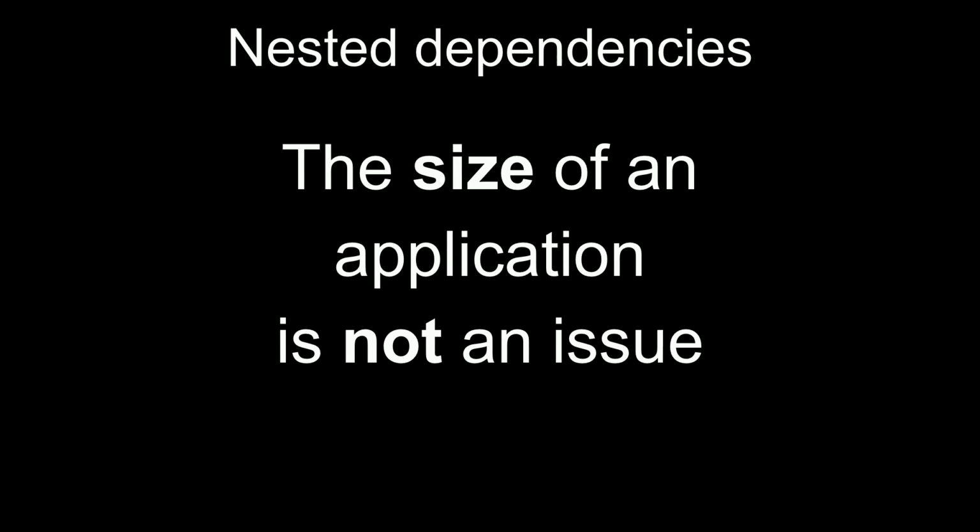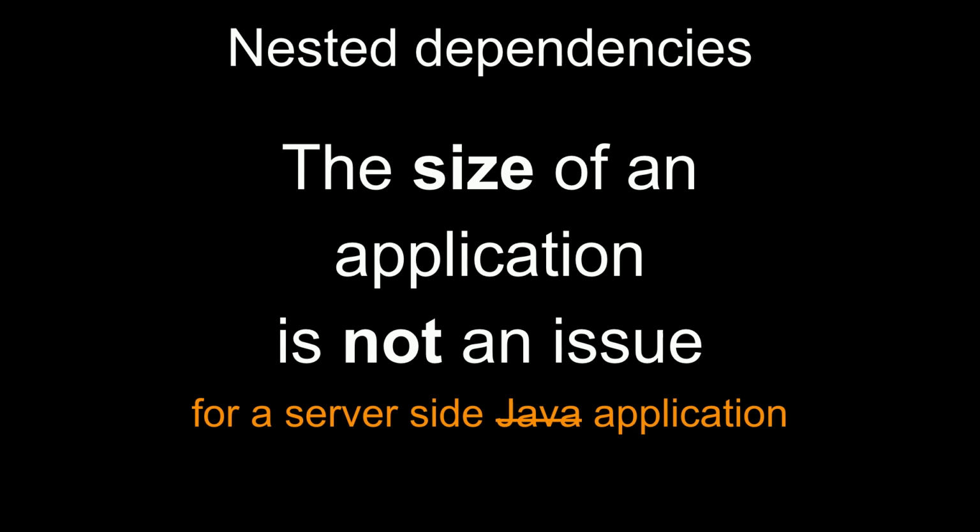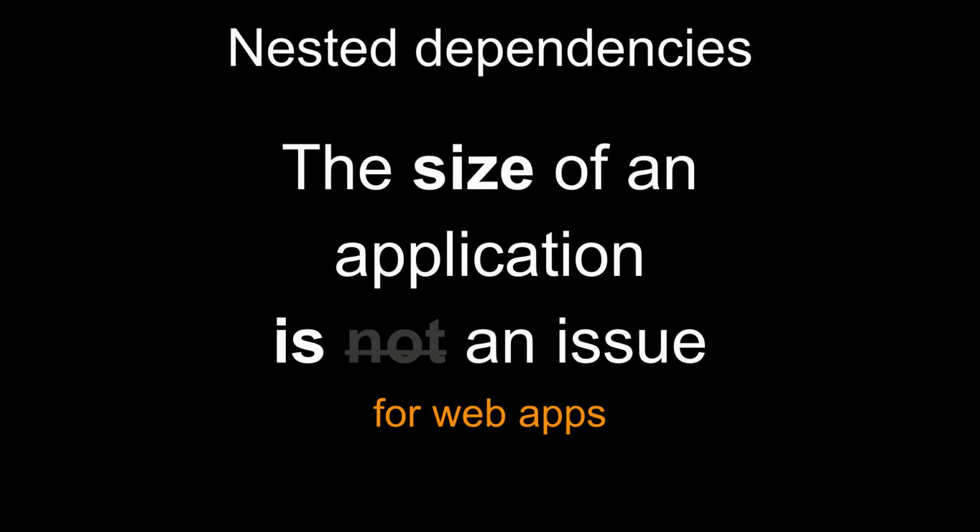So the size of an application is not an issue if you're doing a server-side application. However, for web apps, we are quite aware of the size of our application. It's a real impediment toward the user experience to have too much stuff going over the line.